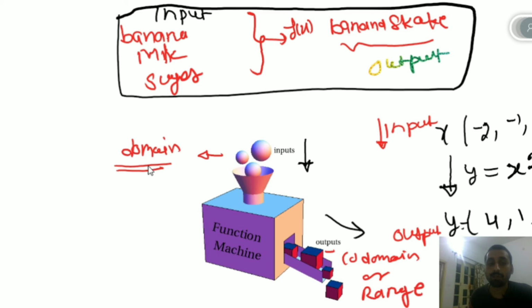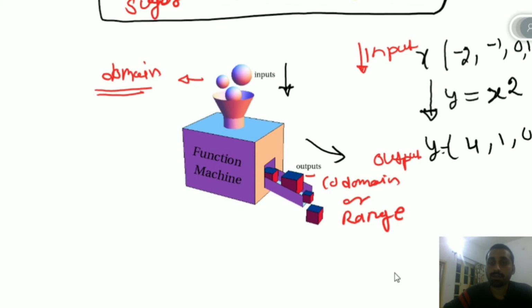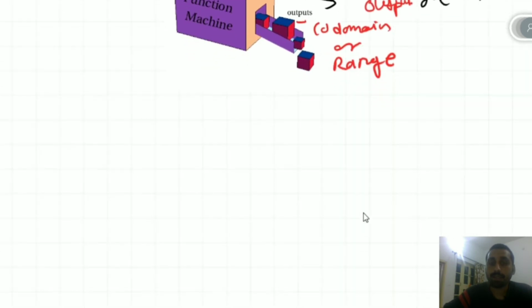So a domain to codomain relationship is called a function. In this way you have got the intuition regarding the function, and now we will consider the plotting of the graph of a function.